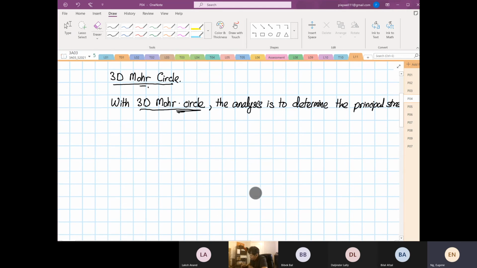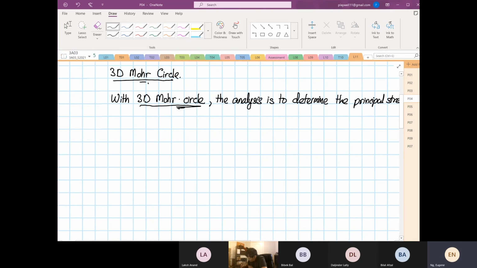Just to briefly recap, if we have an element over here, I have to draw a bigger one.